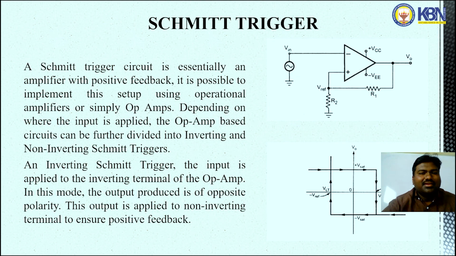Next, the Schmitt trigger. It is essentially an amplifier with positive feedback. It is possible to implement this setup using operational amplifiers, or simply op-amps. Depending upon where the input is applied, the op-amp based circuits are further divided into inverting and non-inverting Schmitt triggers. In an inverting Schmitt trigger, the input is applied to the inverting input terminal of the operational amplifier.